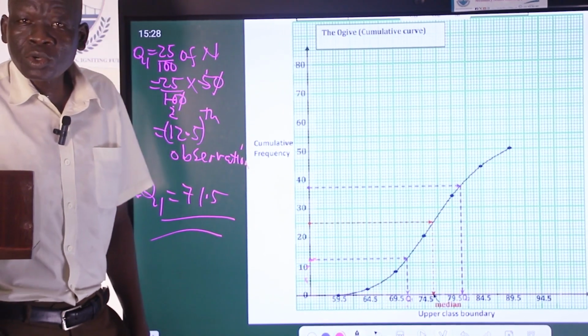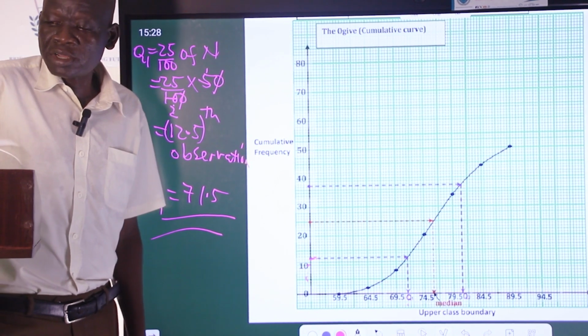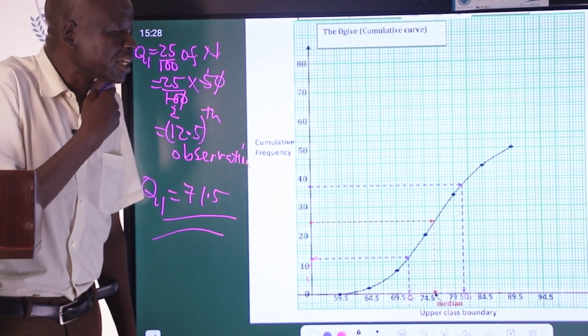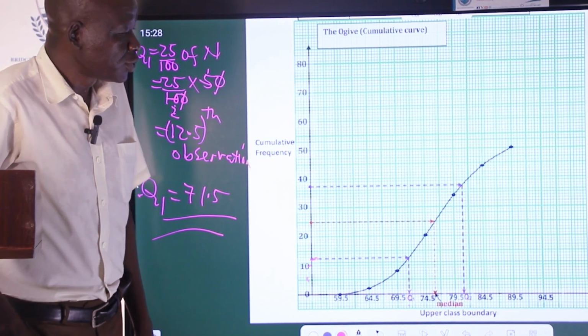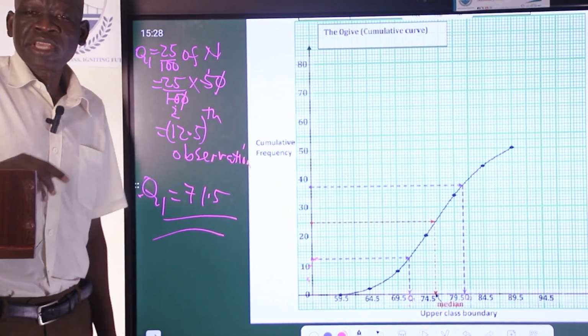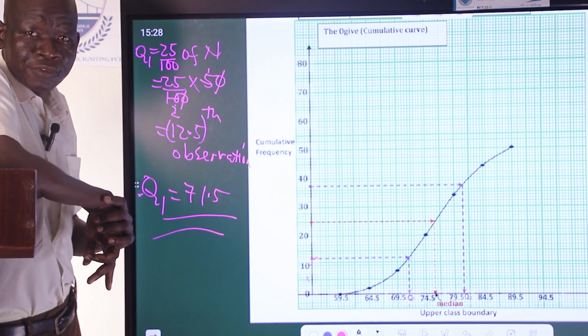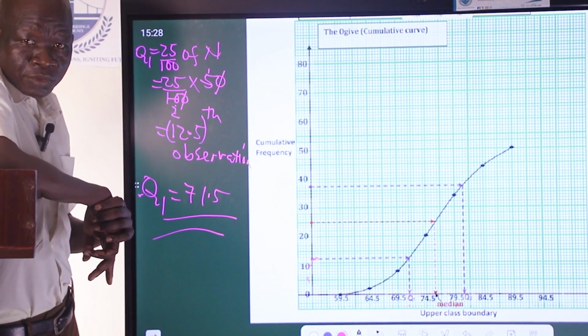Then we can also obtain the upper quartile value. To get the upper quartile, we say the upper quartile is 75% of the total frequency value.